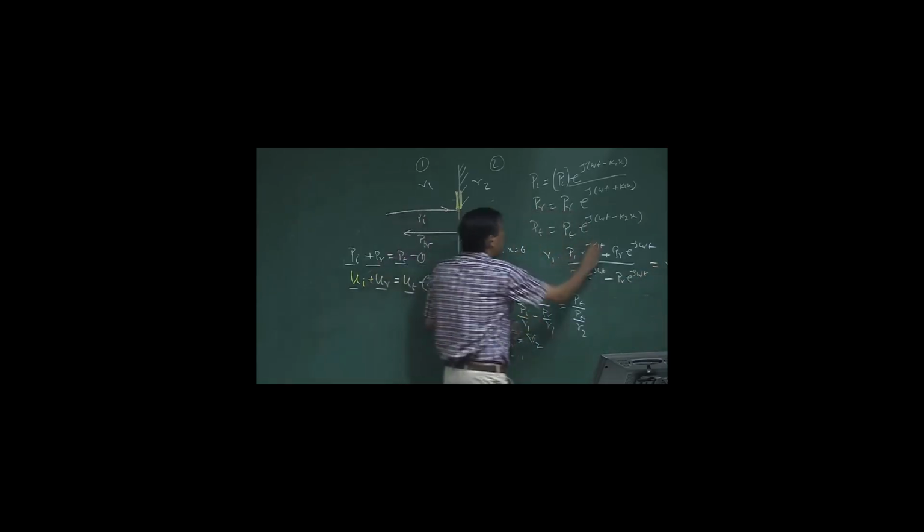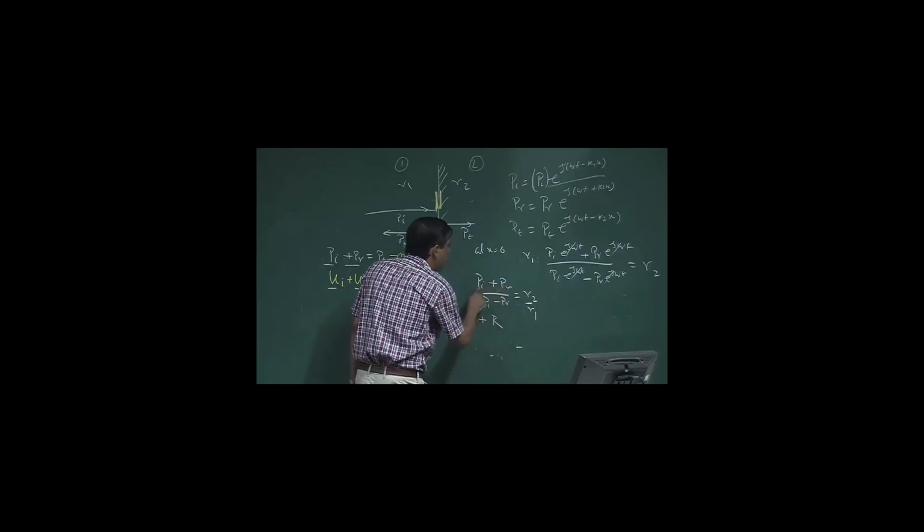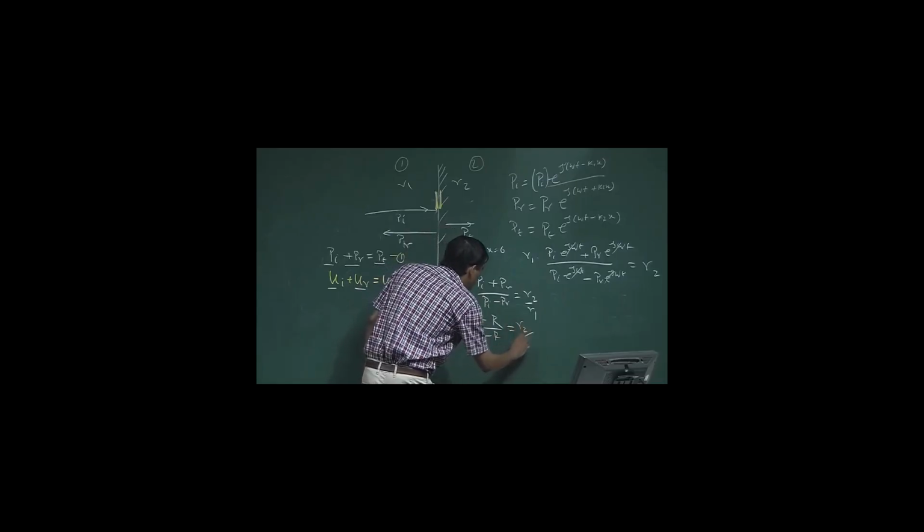Okay. So, e to the power j omega t will cancel. So, Pi plus PR divided by Pi minus PR is nothing but R2 by R1. If I divide by Pi, 1 plus R, where R is PR by Pi, divided by 1 minus R is equal to R2 by R1.